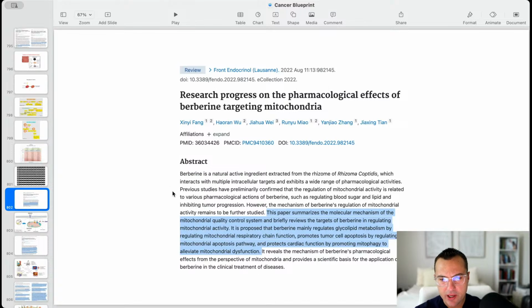It says that this paper summarizes the molecular mechanisms of the quality control system and briefly reviews the targets of berberine in regulating mitochondrial activity. It is proposed that berberine mainly regulates glycolipid metabolism by regulating mitochondrial respiratory chain function, promotes tumor cell apoptosis by regulating the mitochondrial apoptosis pathway, and protects cardiac function by promoting mitophagy to alleviate mitochondrial dysfunction.